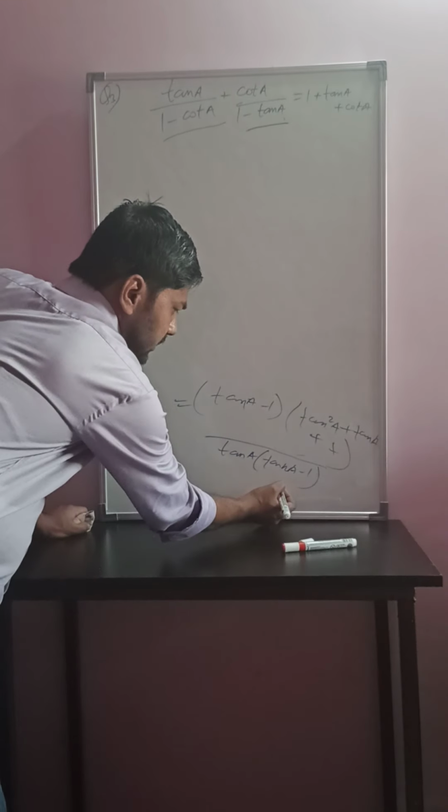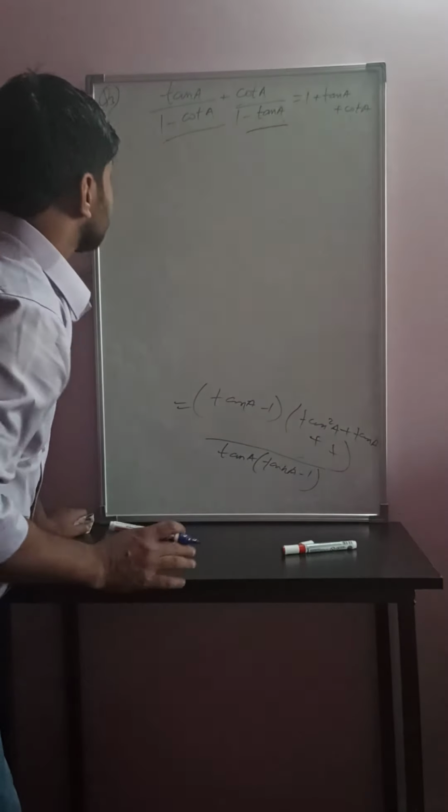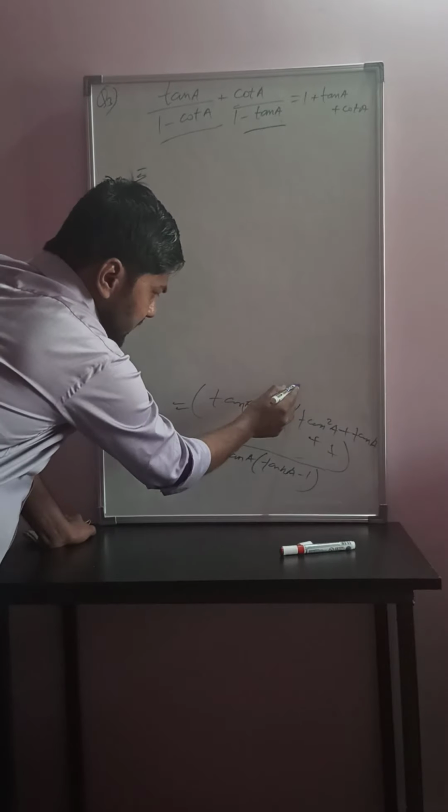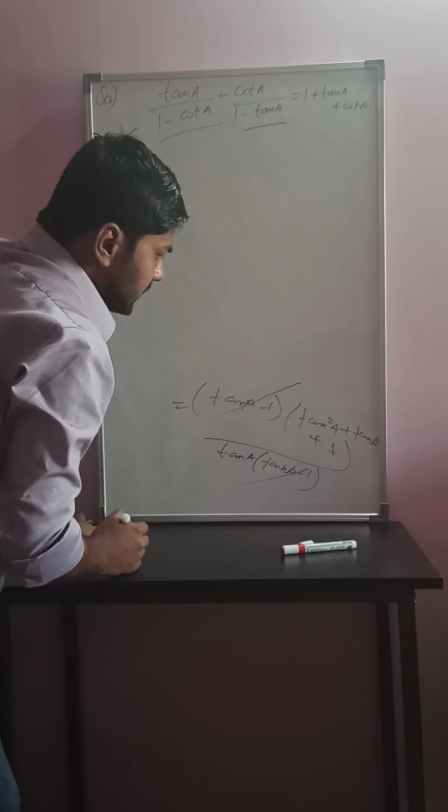So tan A into tan A minus 1, we got it. Now next, can we just cancel tan A minus 1 with tan A minus 1? It got cancelled.